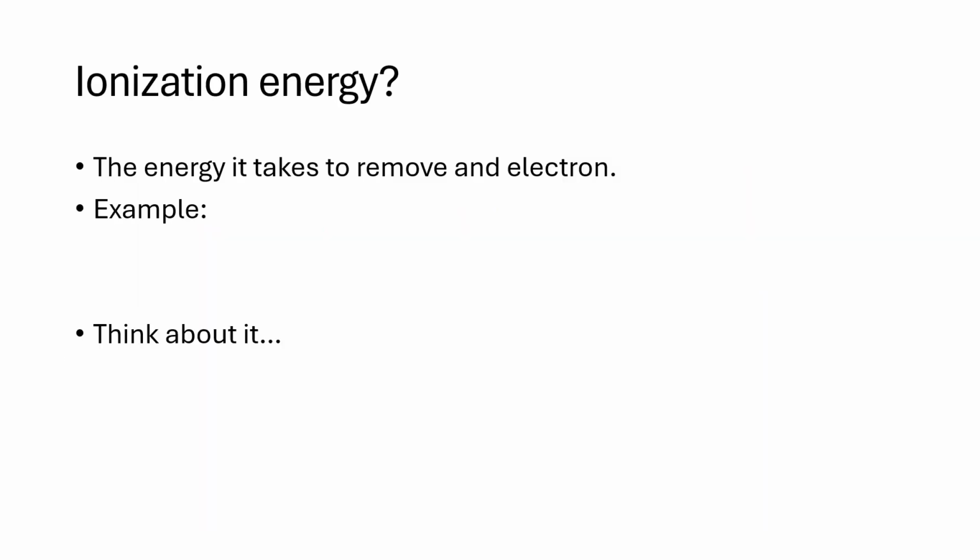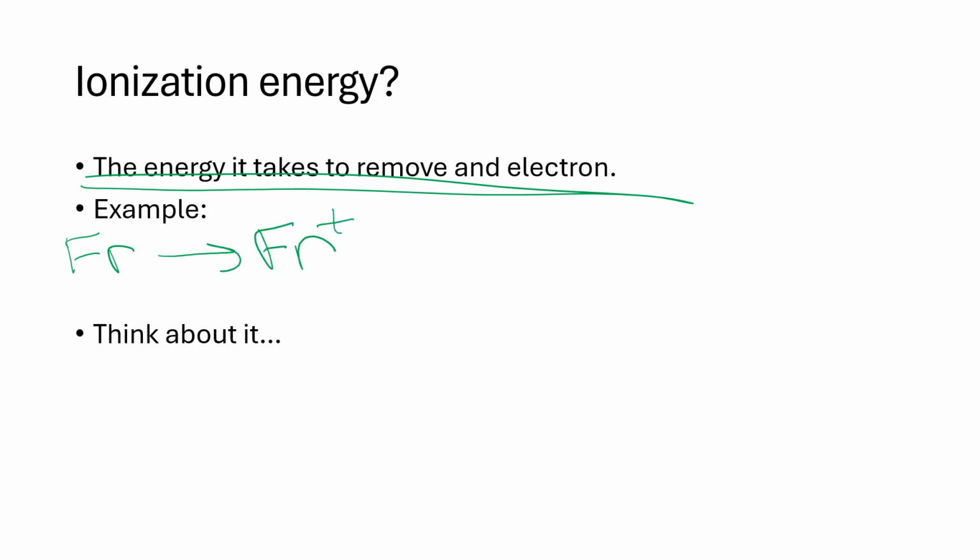So ionization energy is the energy to remove 1 electron. Let's do an example. Francium wants to form a +1 charge because it's in group 1, and so we consider the energy it takes to do this.